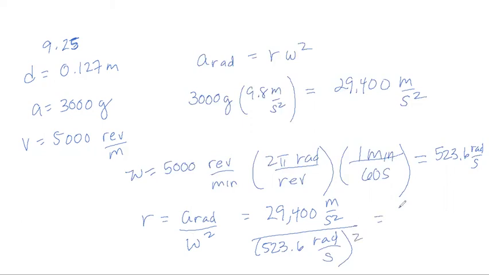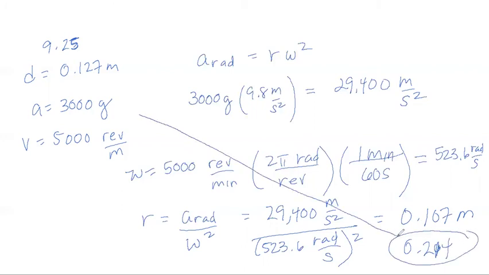I'm going to get a radius of 0.107 meter. So it can't be true. Twice this is 0.214, and they're claiming 0.127. So something's up in the mix. Something's not going right here.